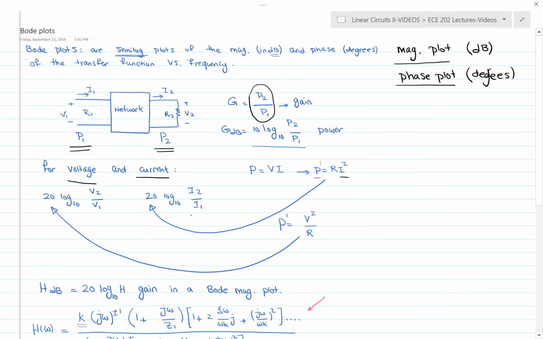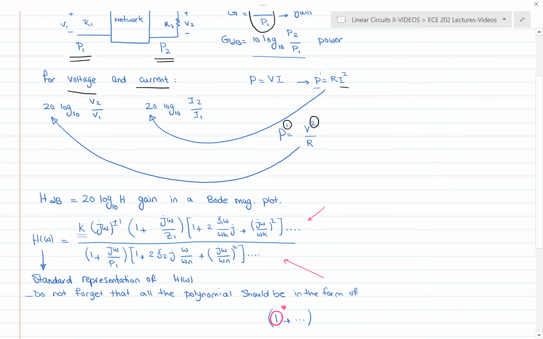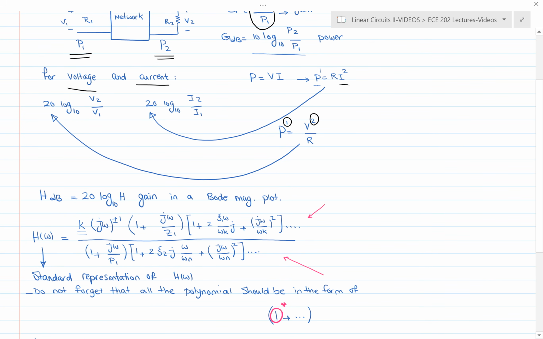So when I want to find the gain of the currents in decibels, I have to multiply that log by 20. And the same thing for the voltage, because here we have power of 2, since the power of power itself is 1. Okay? So basically, in the Bode magnitude plots, we have to plot the gain of the system in decibels.